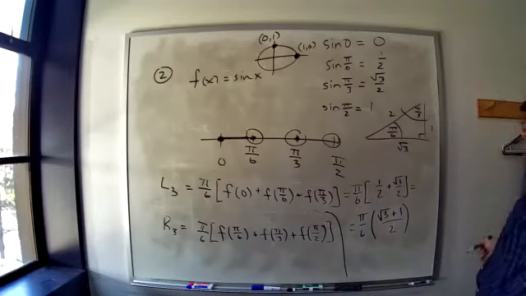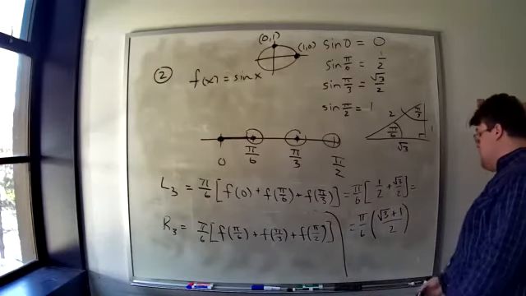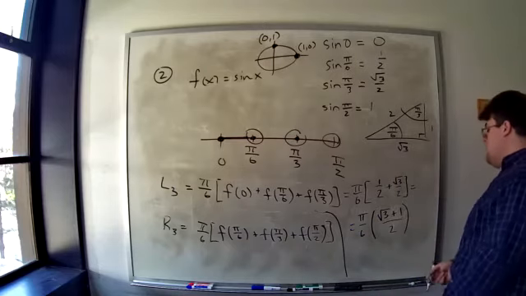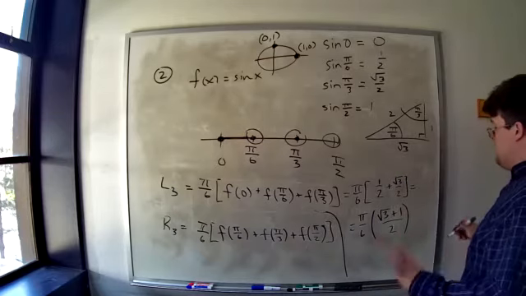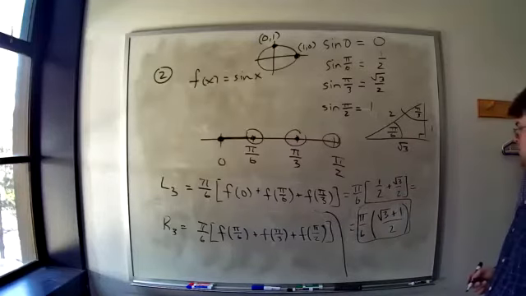You can leave it like that if you want. You could also make it √3 pi plus pi over 12, or you could say pi times √3 plus 1 all over 12. Or you can leave it like that. However you want. I personally think that one looks the nicest, but whatever.